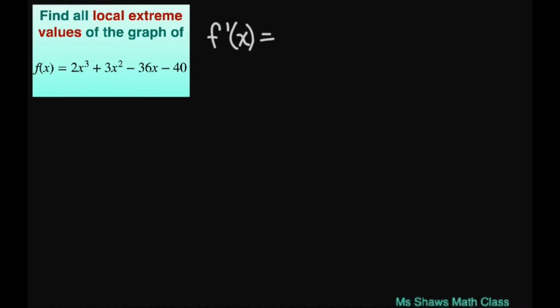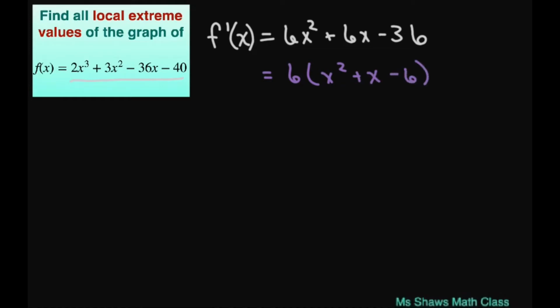So f prime of x is going to be 6x squared plus 6x minus 36. Let's factor out a 6. That's going to give you x squared plus x minus 6, and if we can factor that, that would be great: x plus 3 times x minus 2.